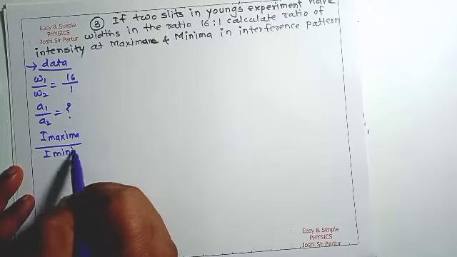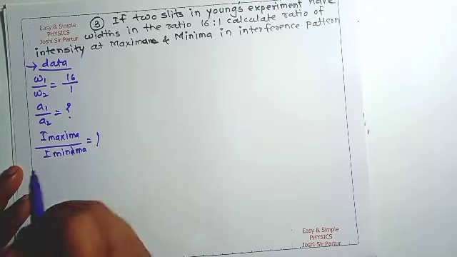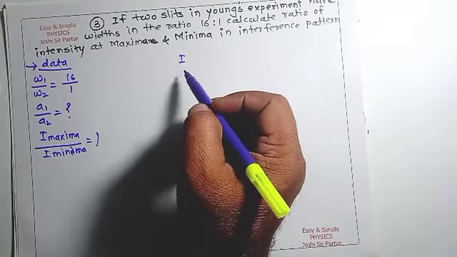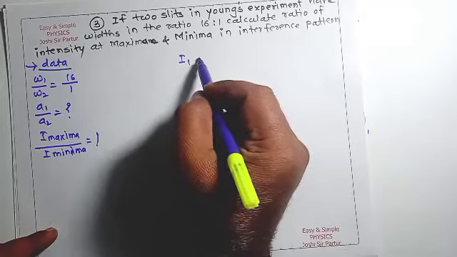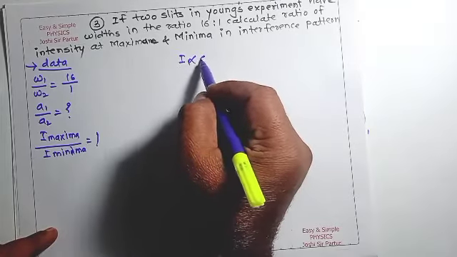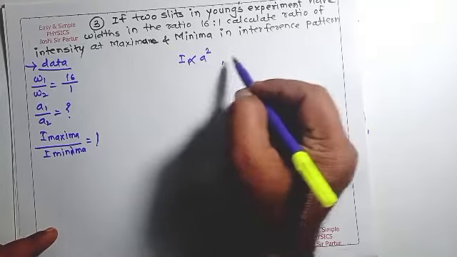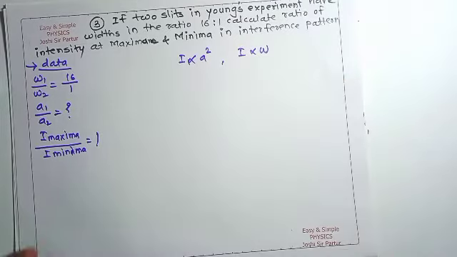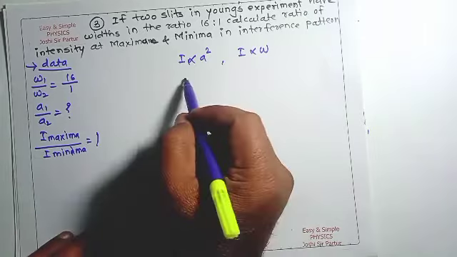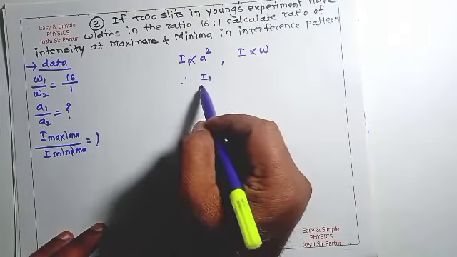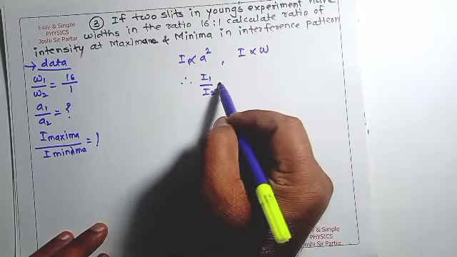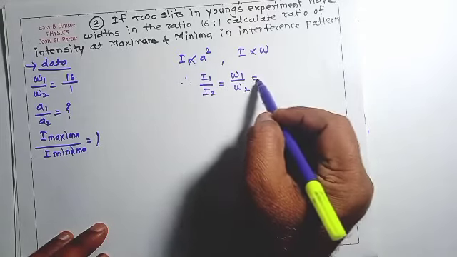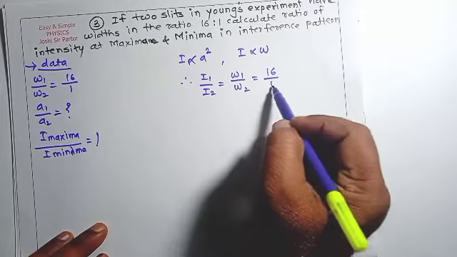First of all, we know that according to Malus law, intensity is directly proportional to the square of amplitude, as well as directly proportional to width. So intensity I1 upon I2 is equal to width 1 upon width 2, which is given as 16 upon 1.